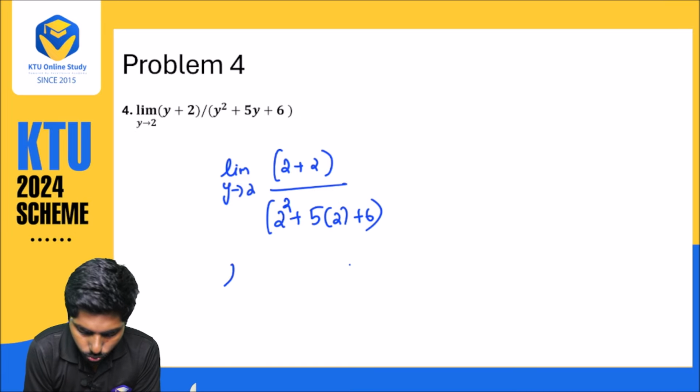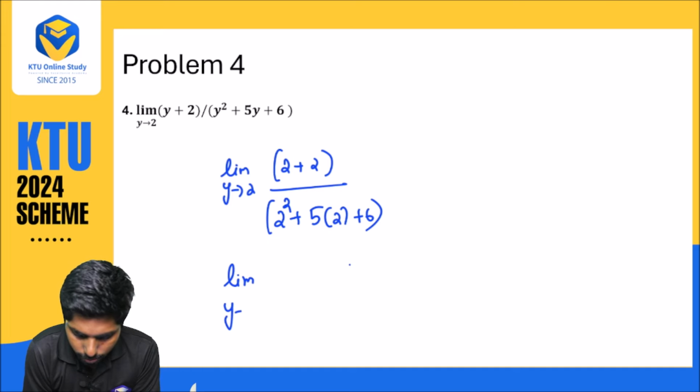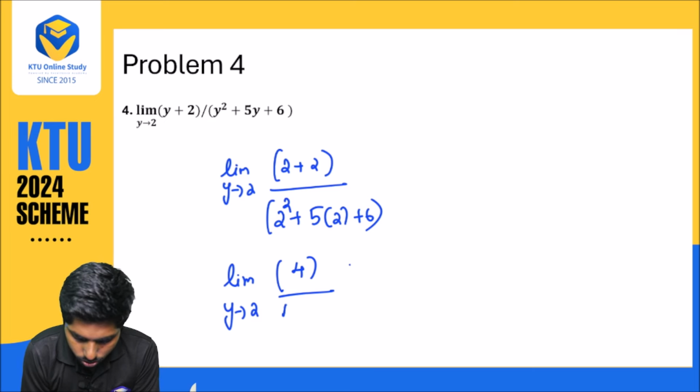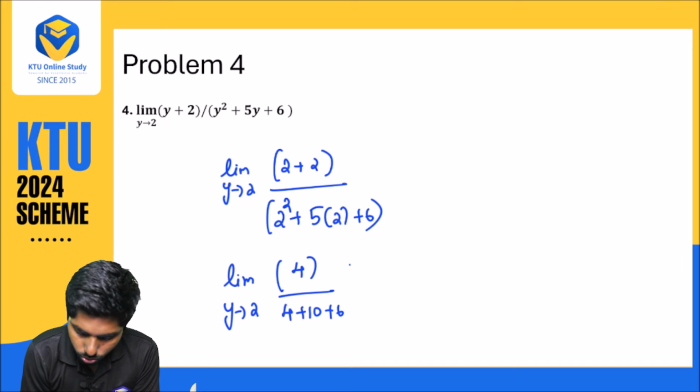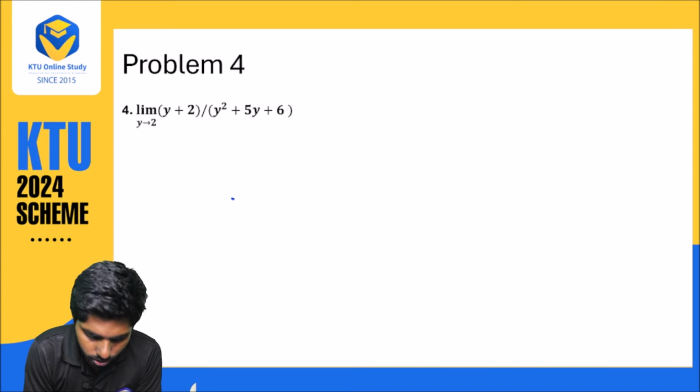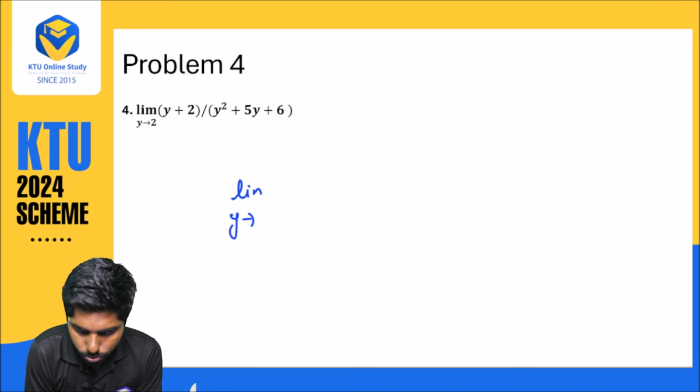So limit y approaches 2, we will be getting 4 divided by 4 plus 10 plus 6, that is nothing but 20. So we will be getting limit y approaches 2, 4 divided by 20.